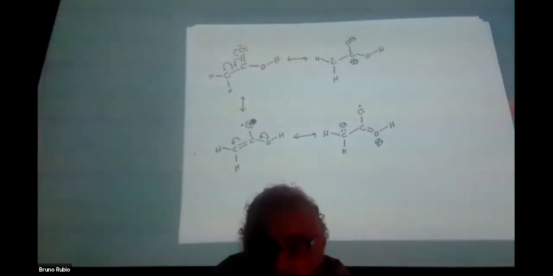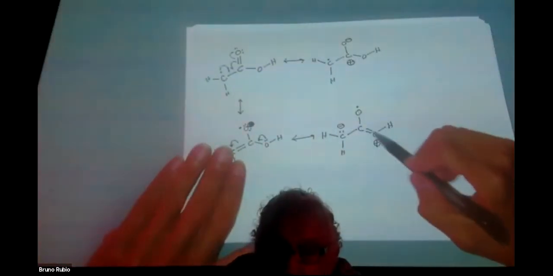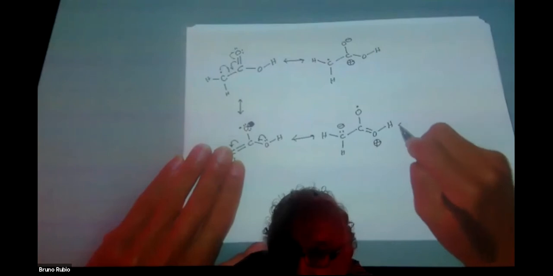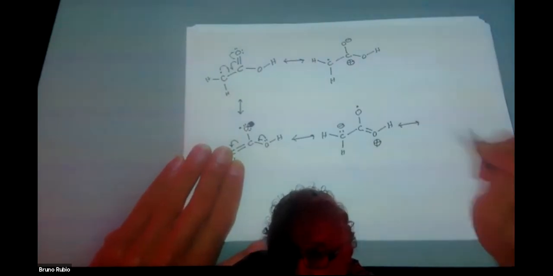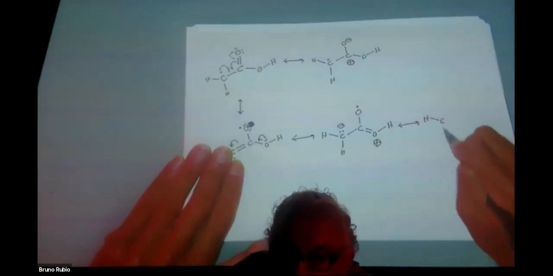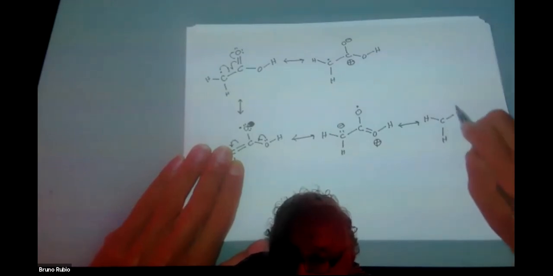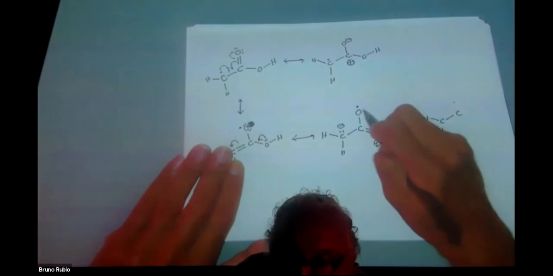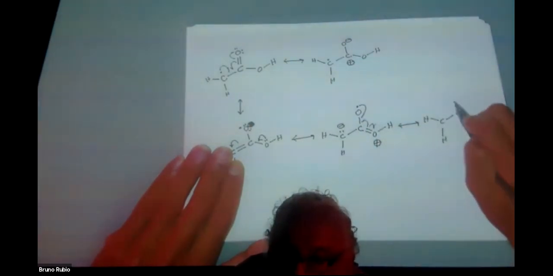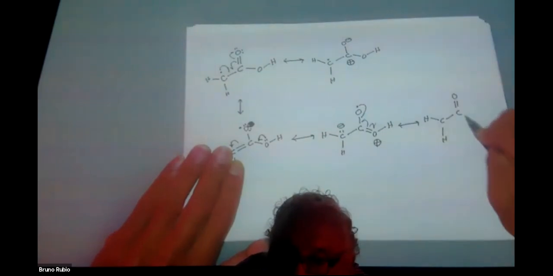And now this structure, that's back to this type, right? I see a double bond sitting next to a radical atom. So I could try to draw a resonance structure in which I'm going to restore that double bond.